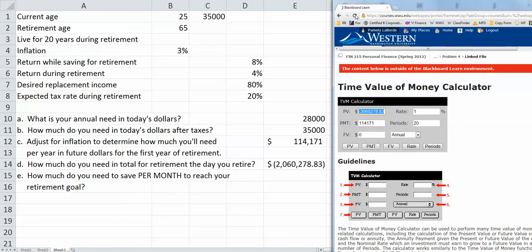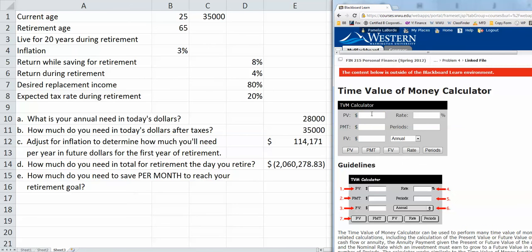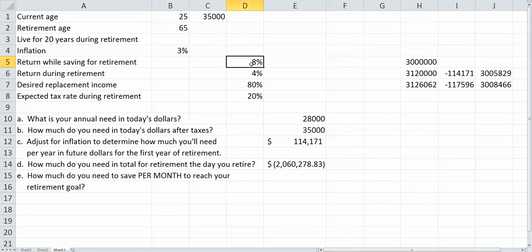So again, I'm going to just reload to reset everything. This time I'm solving for a future value, and I have no present value. My rate is going to be this 8% divided by 12. So 8 divided by 12 gives me 0.667.